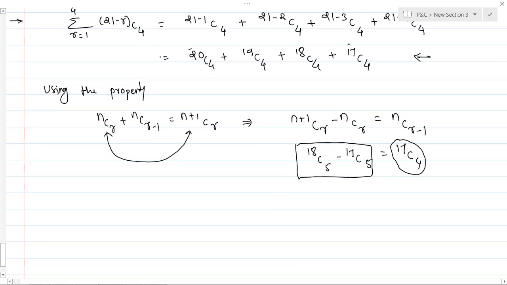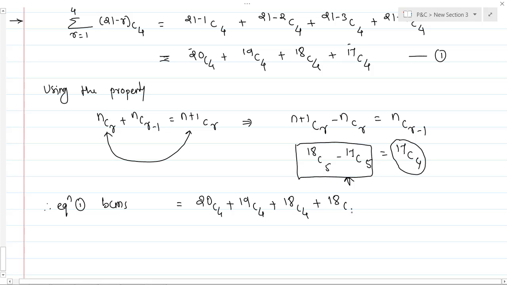Let this be equation 1. Therefore equation 1 becomes 20C4 plus 19C4 plus 18C4, and now this 17C4 can be written as 18C5 minus 17C5. Is it okay everyone?